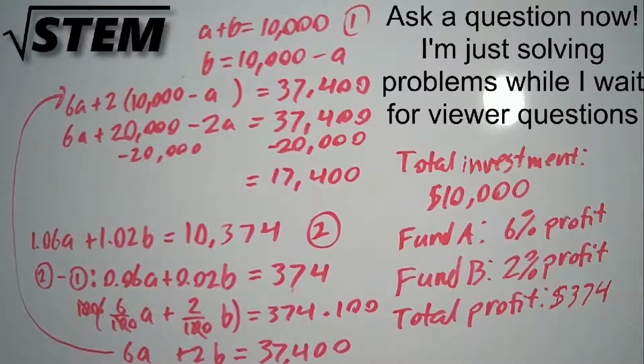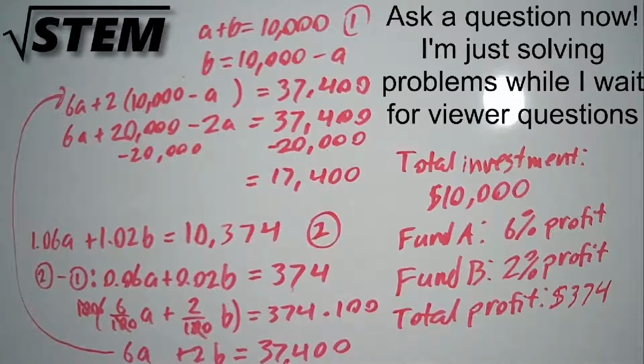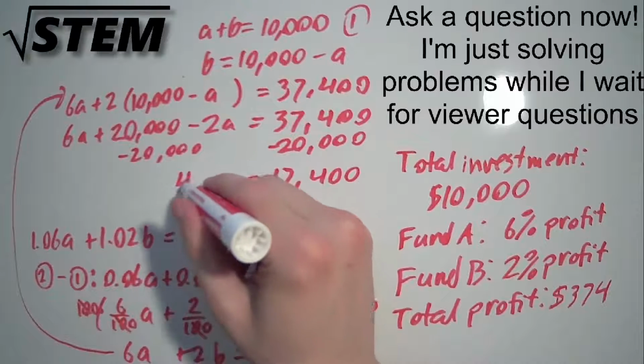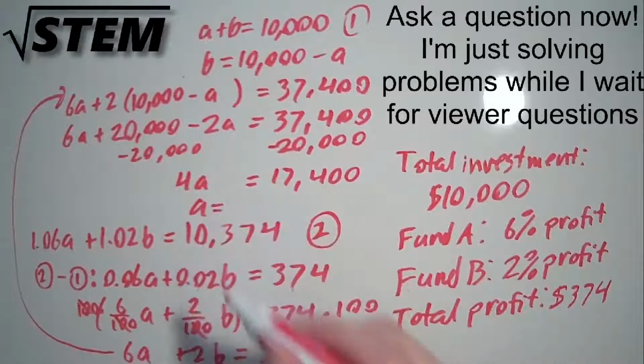Then on the left-hand side, all we'll have left is 6a minus 2a. 6 minus 2 will give us 4a. So then a will be equal to, let's see, can we do that without a calculator? Obviously the 400 divided by 4 will be 100. What's 1,000 divided by 4 is 250.